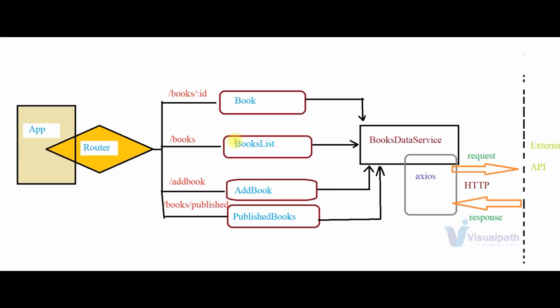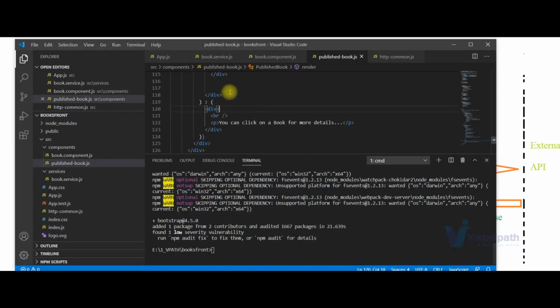And next important component is the books list component. So we are going to create that books list component now. For that, just open this, go to your components and create a new file.